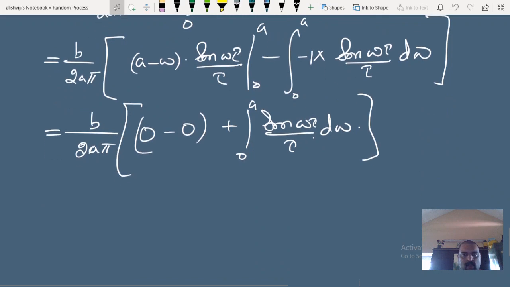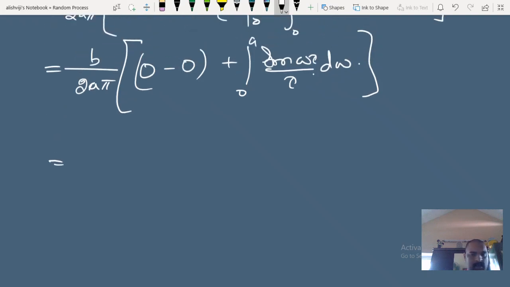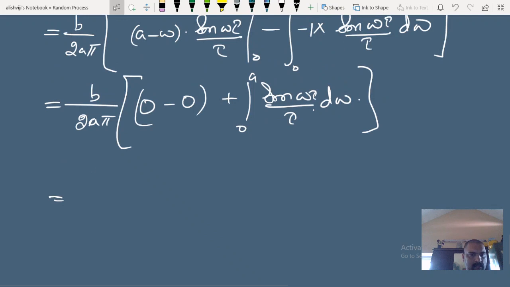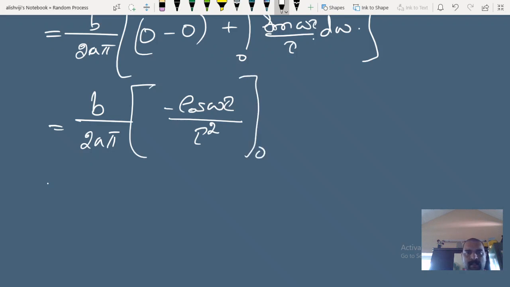Here 1 by tau is a constant, and the integral of sine omega tau is minus cos omega tau divided by tau, and with the tau already there, it is tau square, between the limits 0 and a.